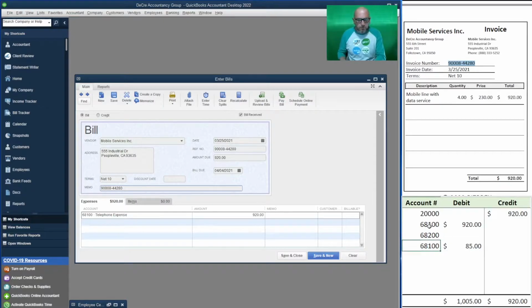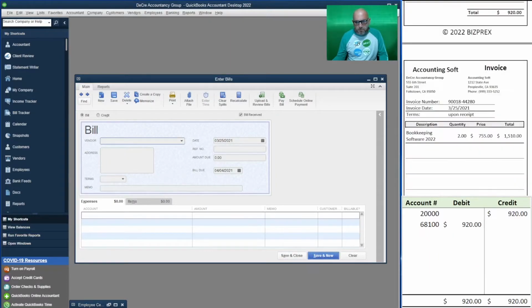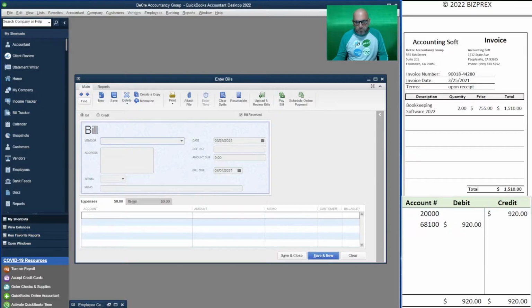We can clear this out. There it is. Right. This is your debit to 68,100. This is your credit to 20,000. And then one more. We're buying more software. All right, makes sense.